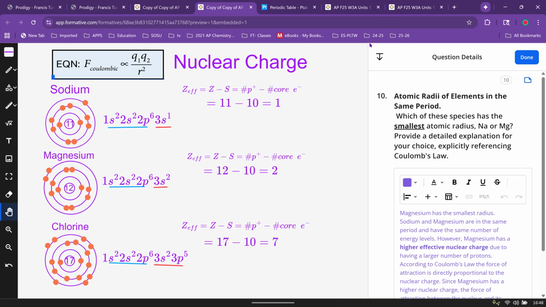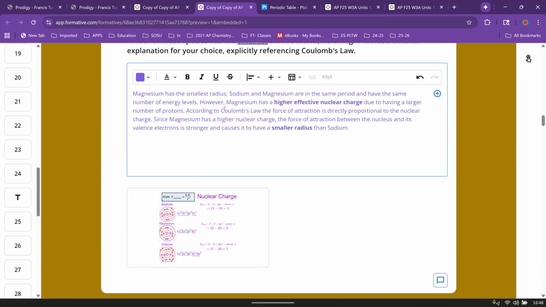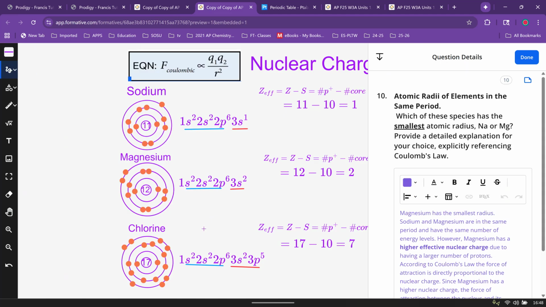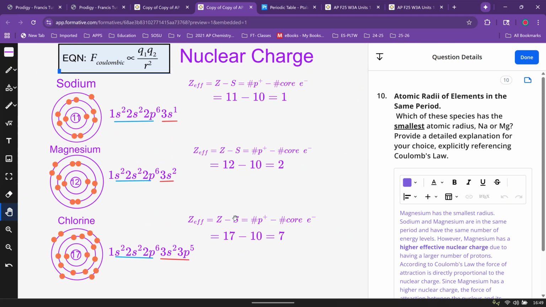All right. The next thing we're going to look at in my statement says, however, magnesium has a higher effective nuclear charge due to having a larger number of protons. Okay, this is a big deal. The two things have to go together. It is not just having more protons, it's having the same number of energy levels, which means it has the same number of core electrons and more protons.